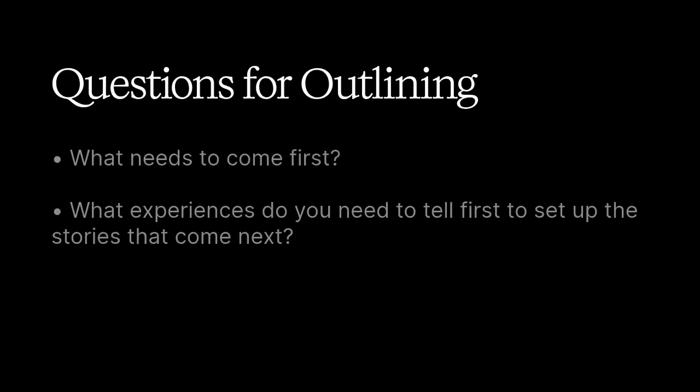To help you outline, ask a few questions about the stories and experiences and facts that you've uncovered in the first 2 steps. What needs to come first? What experiences belong in the beginning? What stories and experiences do you need to tell to set up the stories that come next? Those questions will help you arrange experiences and establish the progression of the essay. At this point, you are not writing yet, you are just outlining.